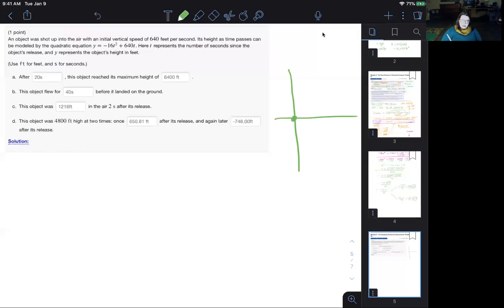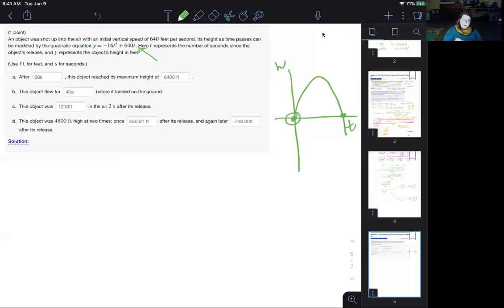We know that y-intercept, or in fact, we're going to call this the height, and here's time. We're going to have this parabola shape, and in real life, why do I know that it's starting at the origin, or it's starting on the ground? Well, that's because I have a plus 0.